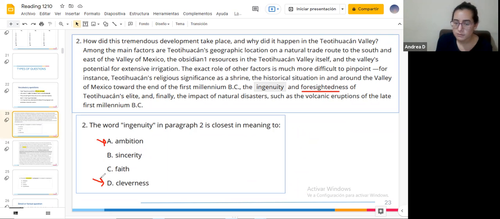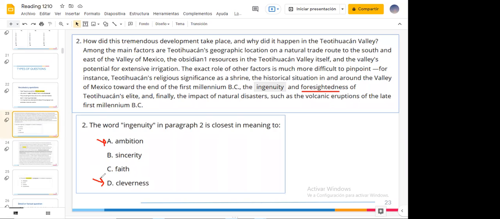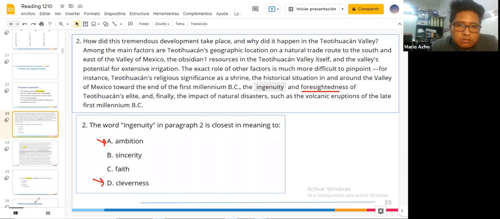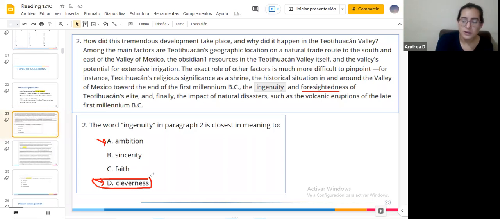Which one matches this foresightness the most? The ambition, or the cleverness? Cleverness. Cleverness, I think. Perfect. Yeah, you guys. Awesome.